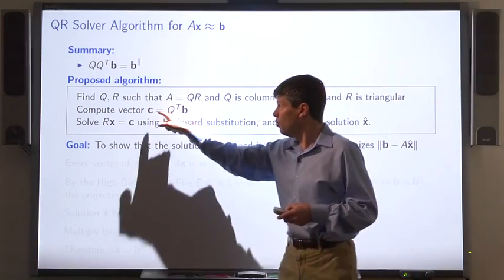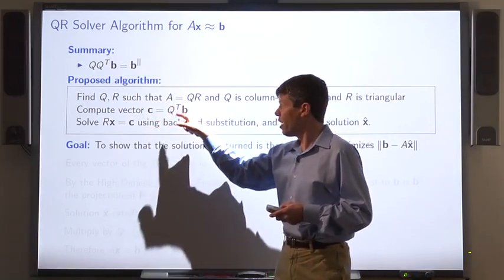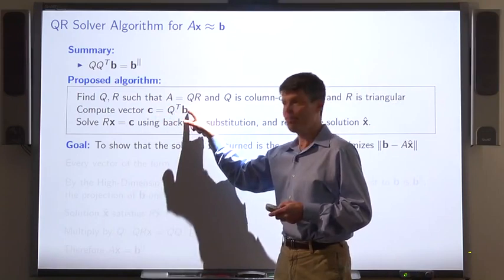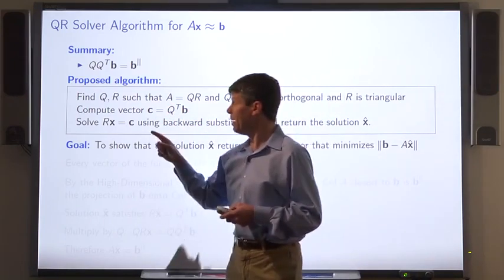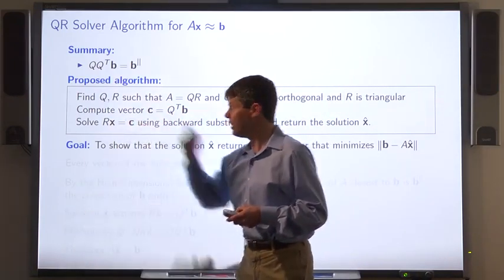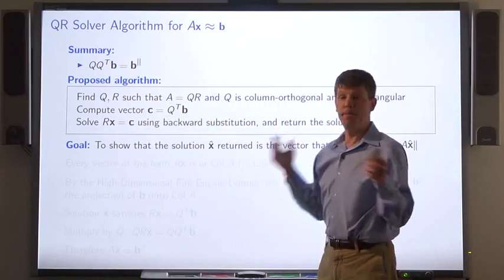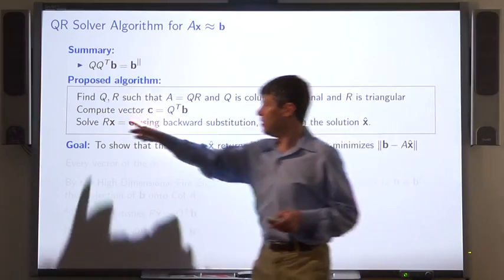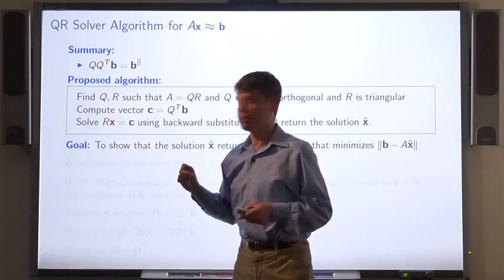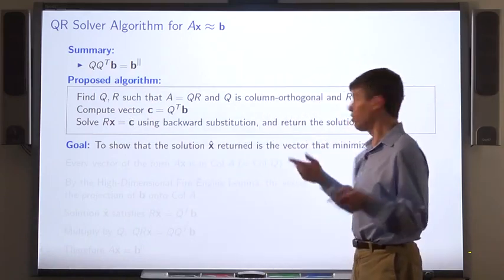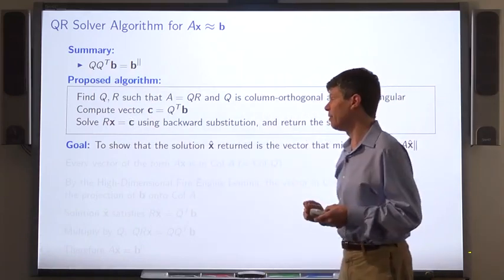Then compute c, the product of Q transpose times b, and then solve the matrix vector equation Rx equals c using backward substitution, since R is an upper triangular matrix. Return the solution, which we'll call x hat.